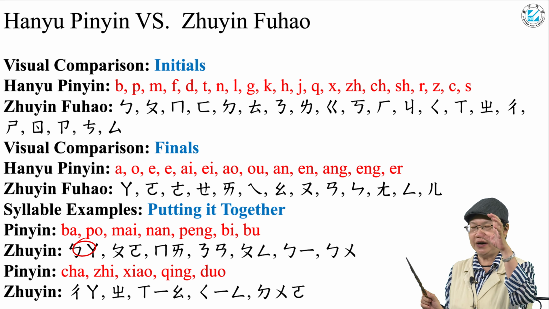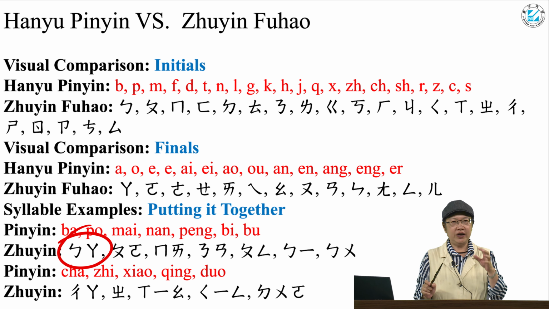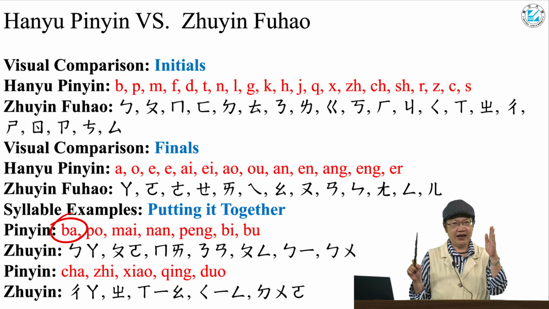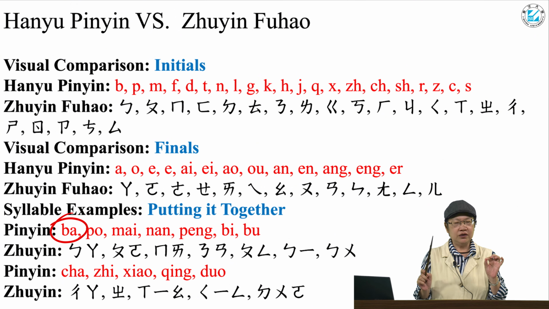For example, b and a, and we put them together: ba. Also, here I did not put the tone symbol. However, the tone has to be marked on the main vowel.